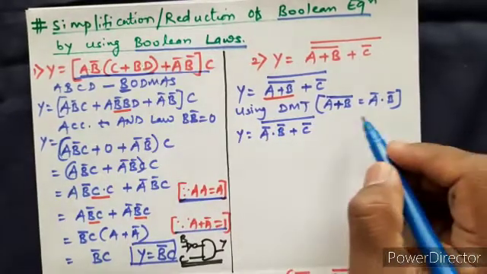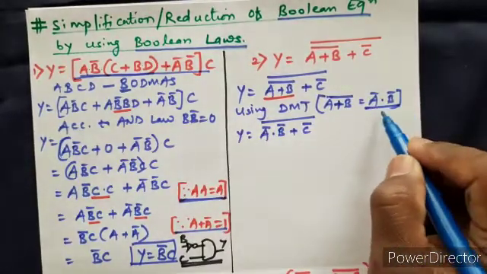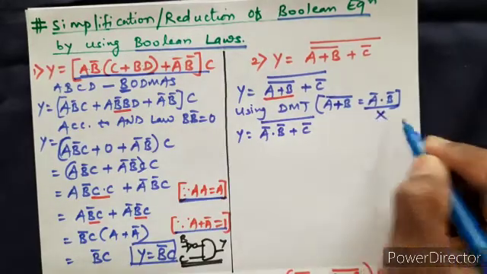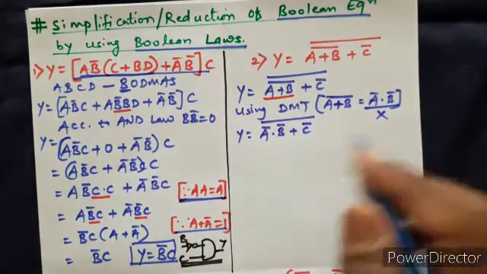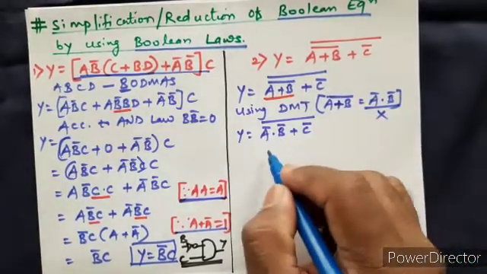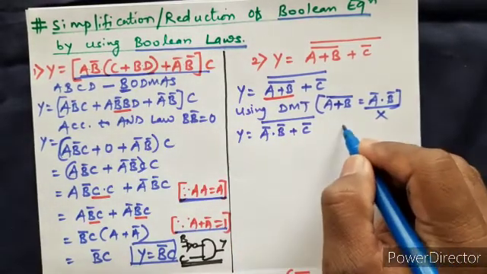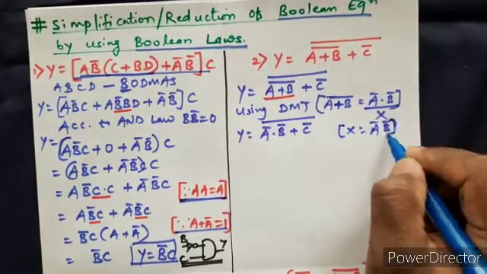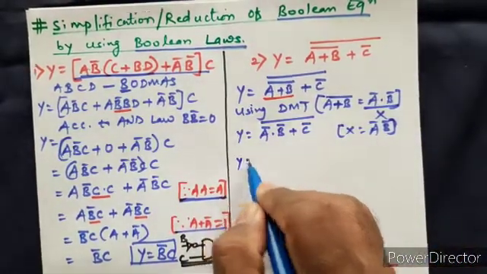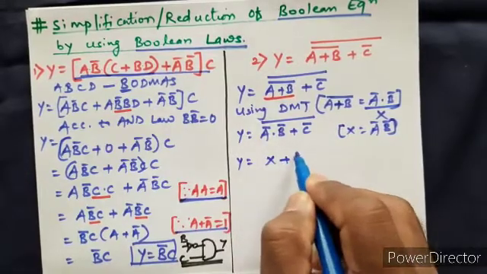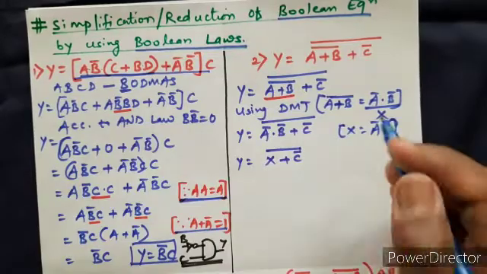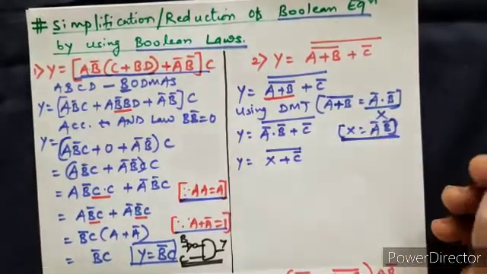Now this a bar dot b bar is one term, so I can consider this as x. Consider x equal to a bar b bar. So what can I write then? y equal to (x plus c bar) whole bar. I have just replaced this for simplicity.